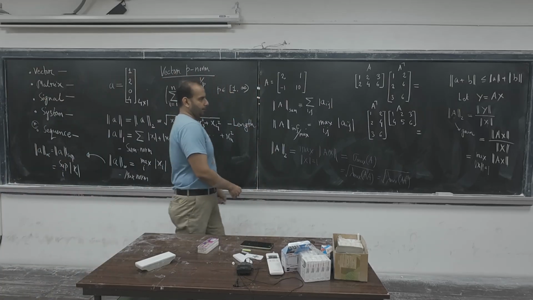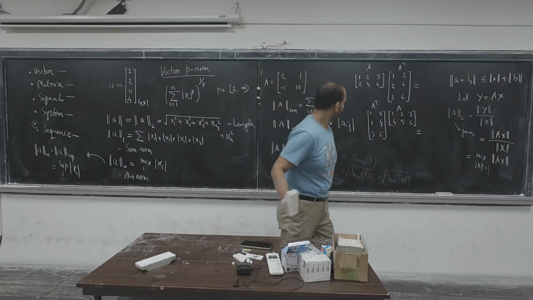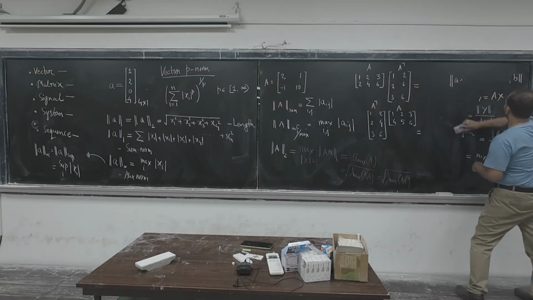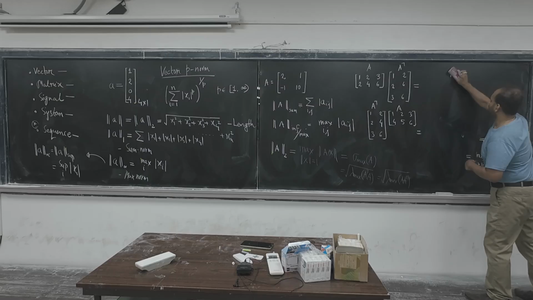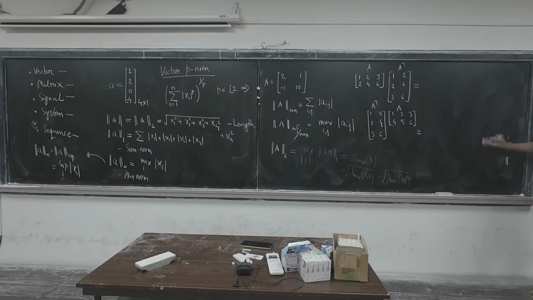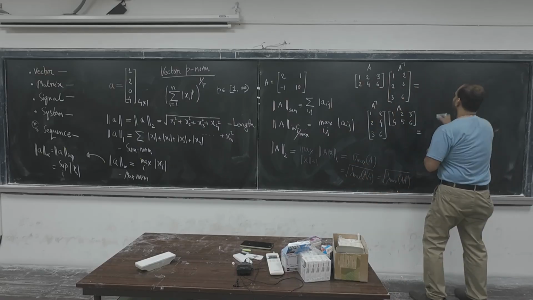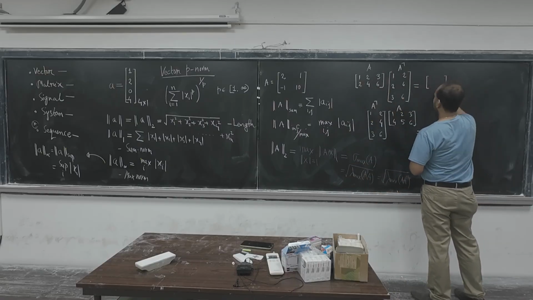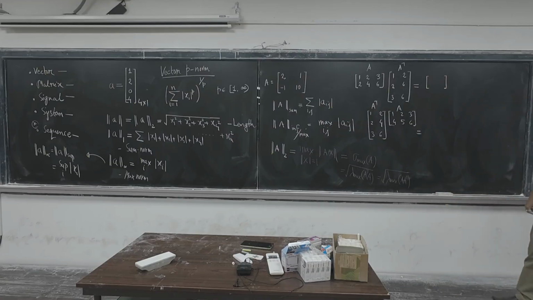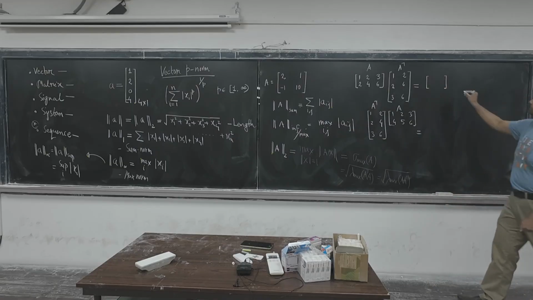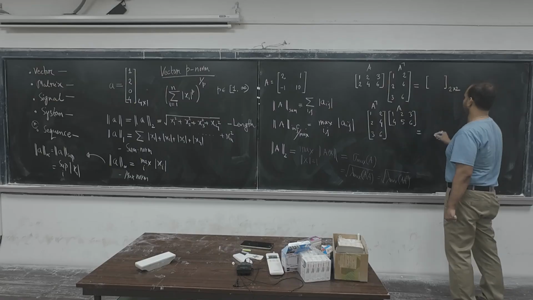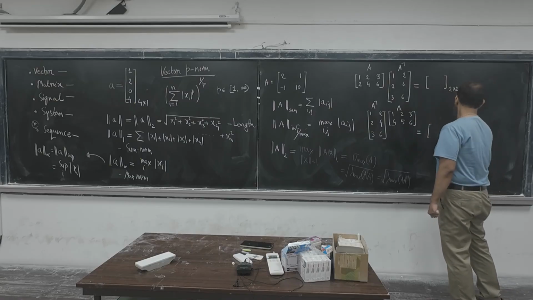One is a 3 cross 3 and the other is 2 cross 2. First one is 2 plus 2, second one is 3 plus 3. So in this case, what will be the dimension? 2 cross 2. In this case, what will be the dimension?